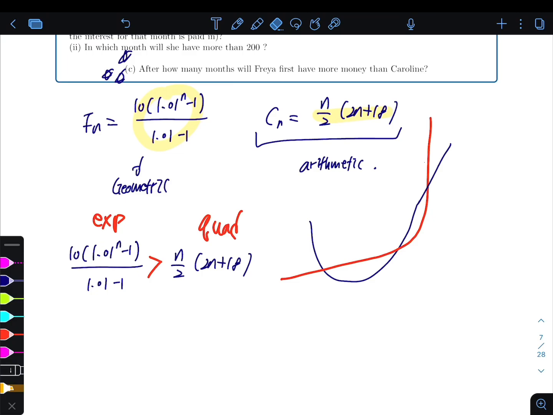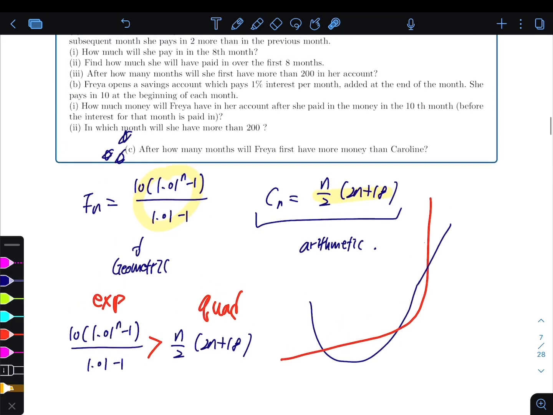So even though you put the graph on the calculator, if it seems like the quadratic is always bigger, you should question yourself: hold on a sec, that's a wrong picture, because I know the exponential must eventually be bigger. Why is it suggesting that the quadratic seems to be the largest in that interval? Because we didn't set up the interval correctly. So this is a mistake-eliciting problem, so make sure you do not fall for that.